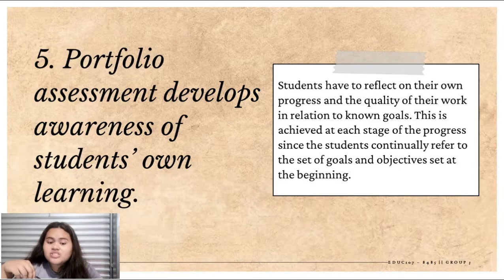And they can achieve this as they progress because they will continually refer to the set of goals and objectives that were set from the very beginning or from the prior instruction.